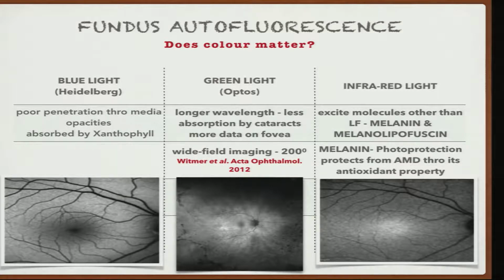Blue light is more commonly used, but it has poor penetration through media opacities and is absorbed by xanthophyll pigments. Green light is used especially in wide field autofluorescence. Whitmer et al. published that they see about 69% of peripheral autofluorescence changes in wet AMD.